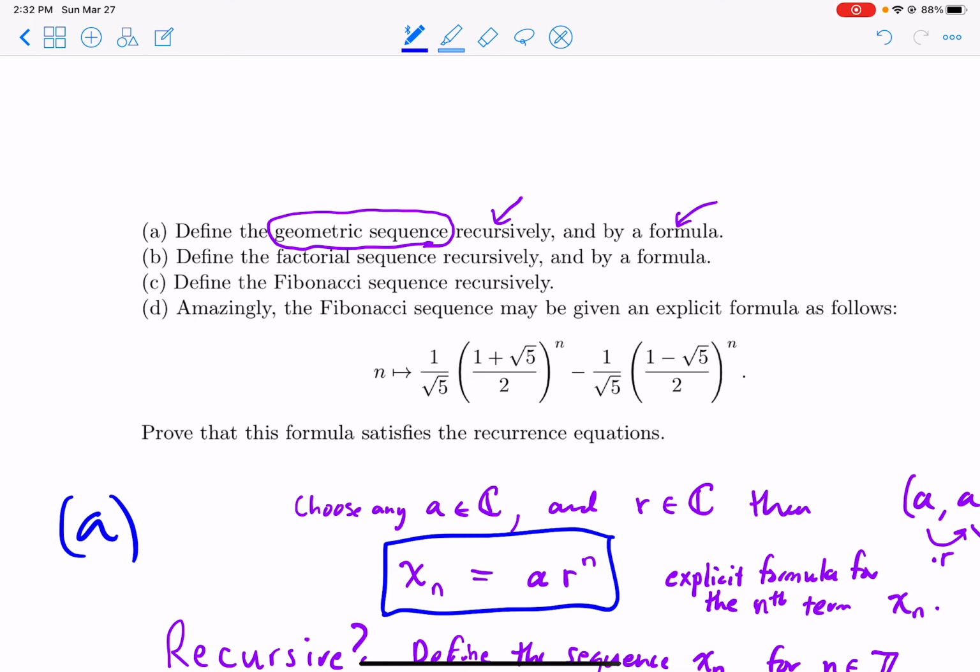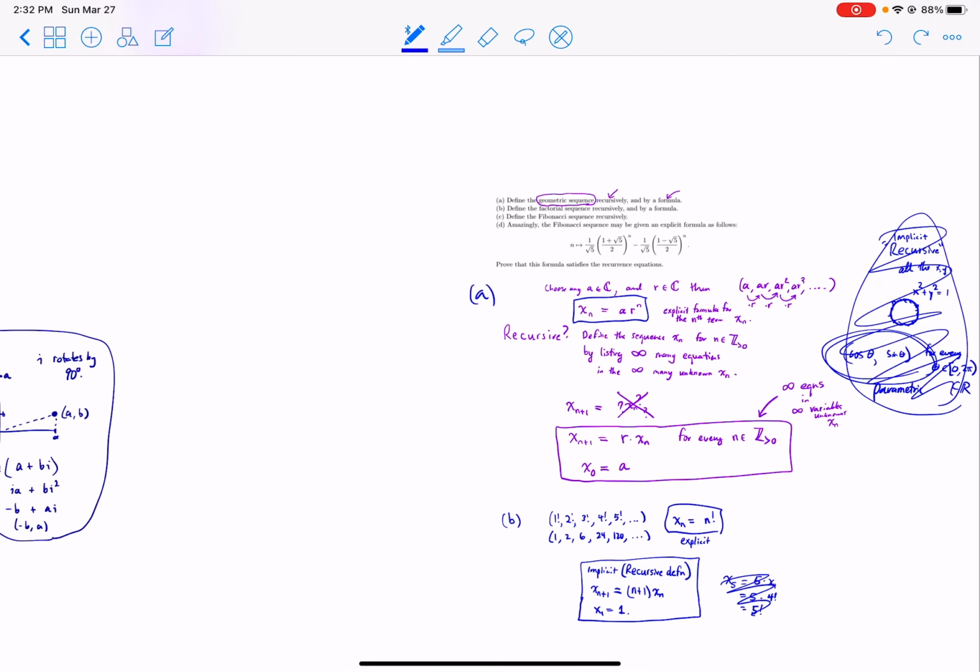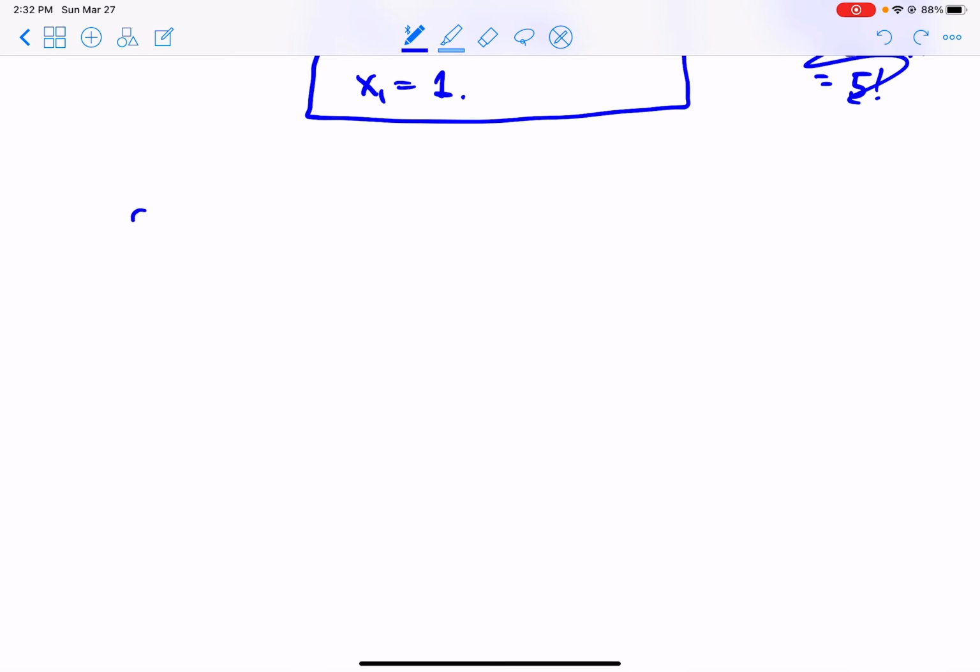Okay, define the Fibonacci sequence recursively. First I have to remember what this is. This is just a good example to know. It's a sequence that goes 1, 1, 2, 3, 5, 8.